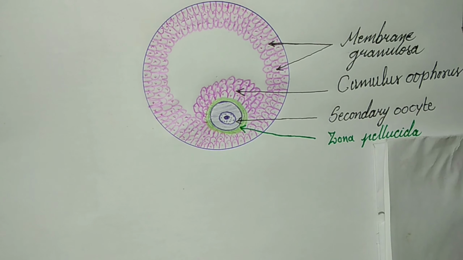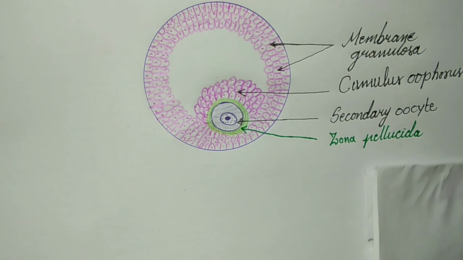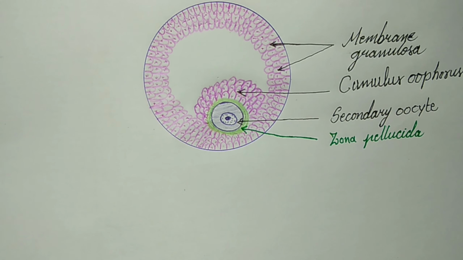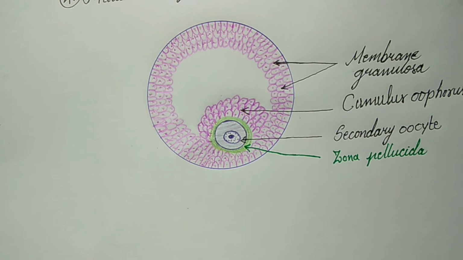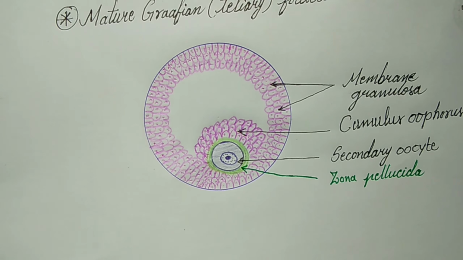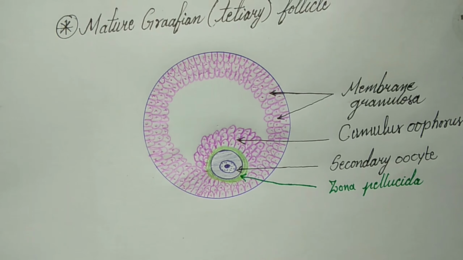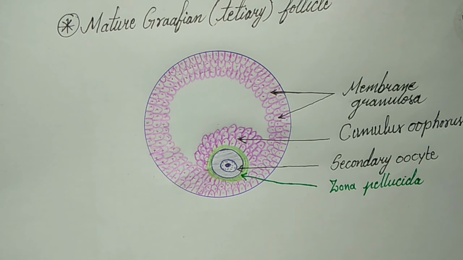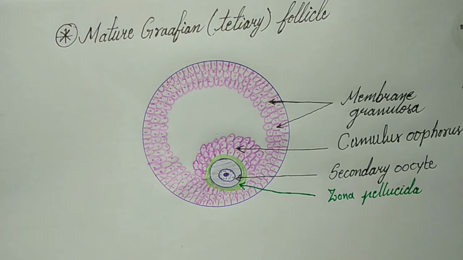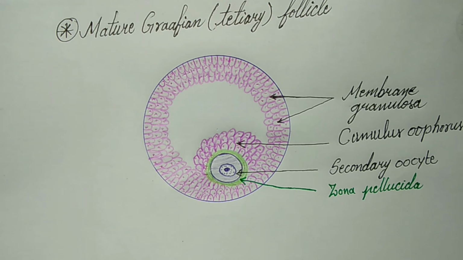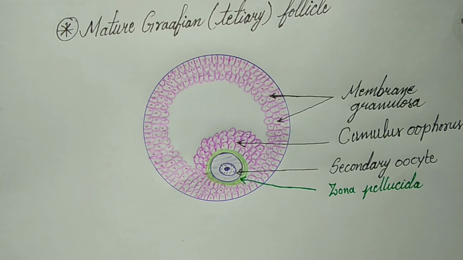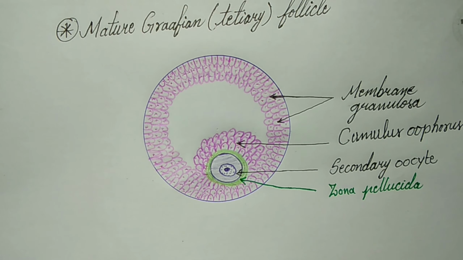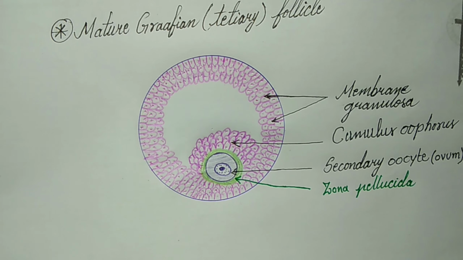At mid-cycle, about day 14 of a 28-day cycle, under the influence of estrogen, there is a sudden increase in the amount of liquor folliculi which is present in the antrum, causing the rupture of the mature follicle and release of the secondary oocyte along with one layer of loosely adherent granulosa cells, that is called corona radiata, into the peritoneal cavity, and the process is called ovulation.